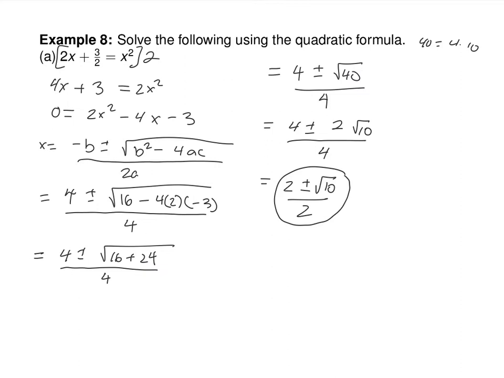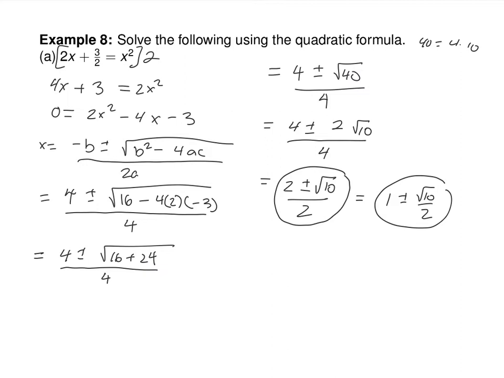Can't you just cancel the 2s? If you cancel the 2s, you could write this as 1 plus or minus root 10 over 2. That would be okay as well. But the thing is that big fraction bar means both pieces are divided by 2. Yep, so you can as long as you still leave the root 10 over 2.